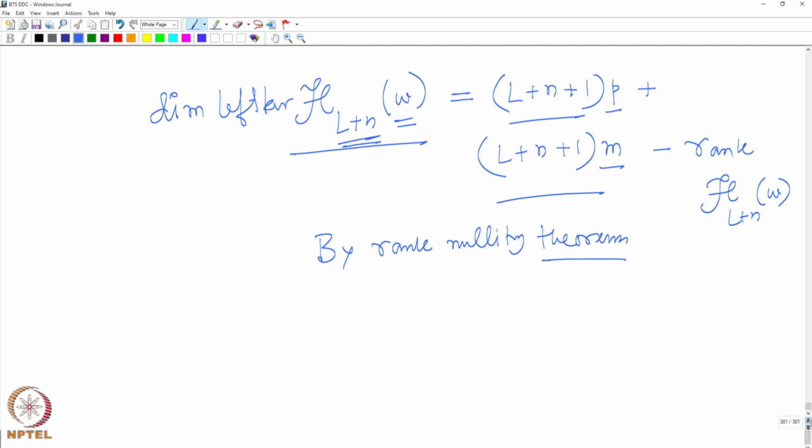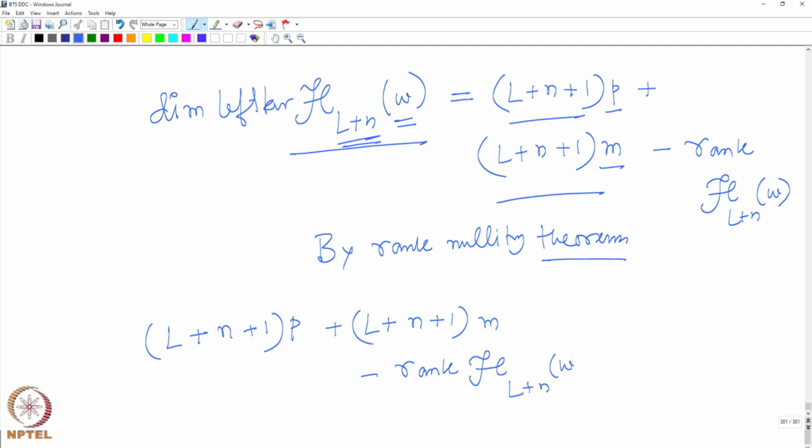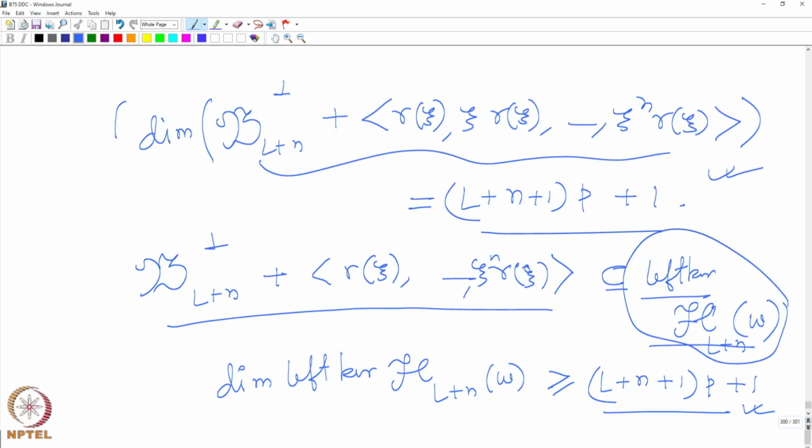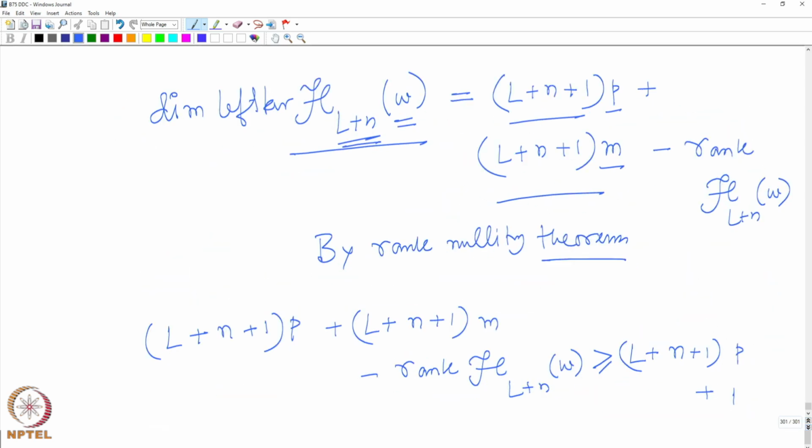Right. So by that we then have (L+N+1) times P plus (L+N+1) times (M minus rank of H_{L+N}(W)). This is bigger than or equal to (L+N+1) times (P+1), right? That was the number, yeah. So this and this will cancel out.